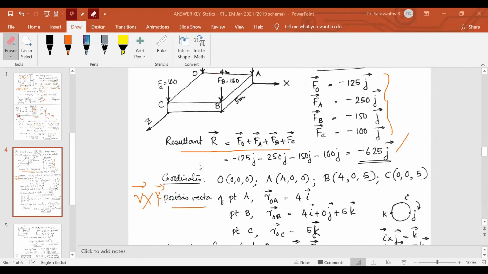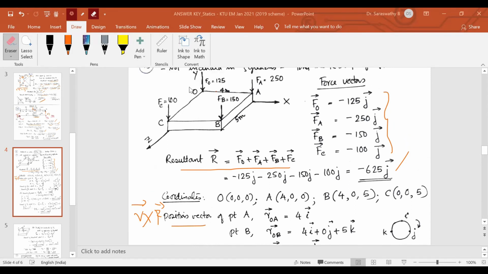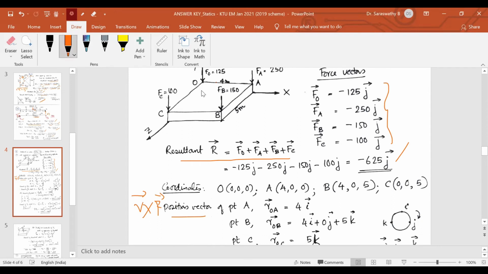So here, first find the moment of all these forces about any one point O. In vector calculation, moment is given by the cross product of the position vector r and the force vector F. Let us find the coordinates of point O. Let it be 0, 0, 0. The point A is at a distance 4 meter from O in the x direction. So this is x, z, y.